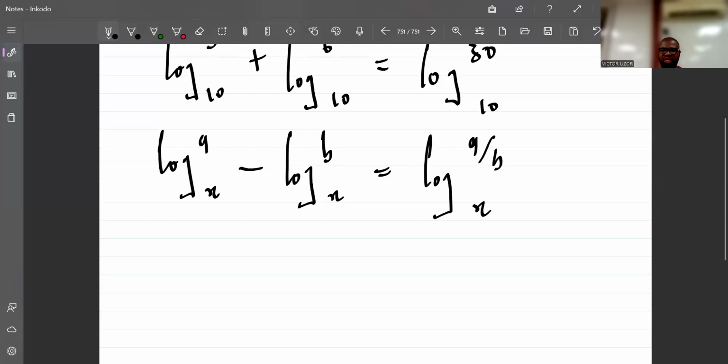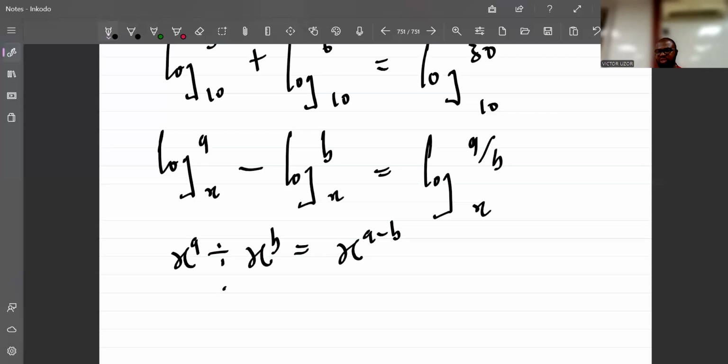When you have x raised to power a divided by x raised to power b, it's going to be x raised to power a minus b. So in indices, when there is division, you subtract. But in logarithm, when there is subtraction, you divide. So you can call this a subtraction law or division law, or you can call it both.